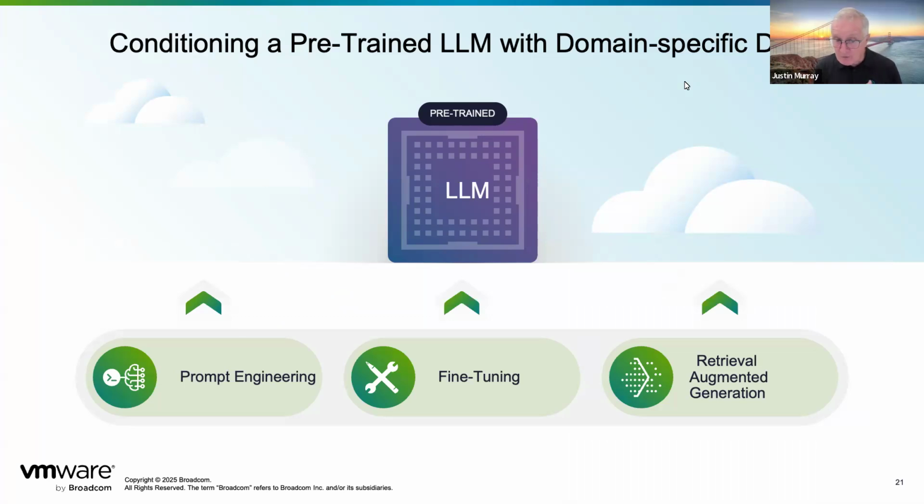Prompt engineering and fine-tuning are very respected techniques, and you can apply those alongside retrieval augmented generation, but we suggest to our customers that they start with RAG, or retrieval augmented generation, on a model that's been pre-trained by somebody else. That's Llama 4 from Meta, or Mixtral, a mixture of experts model from Mistral, or Falcon from the Research Institute in Dubai, or many others that are now what I would call open weights models.